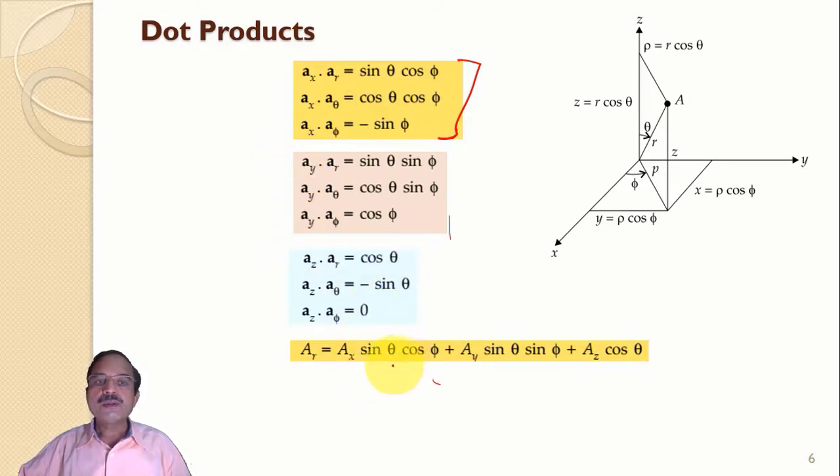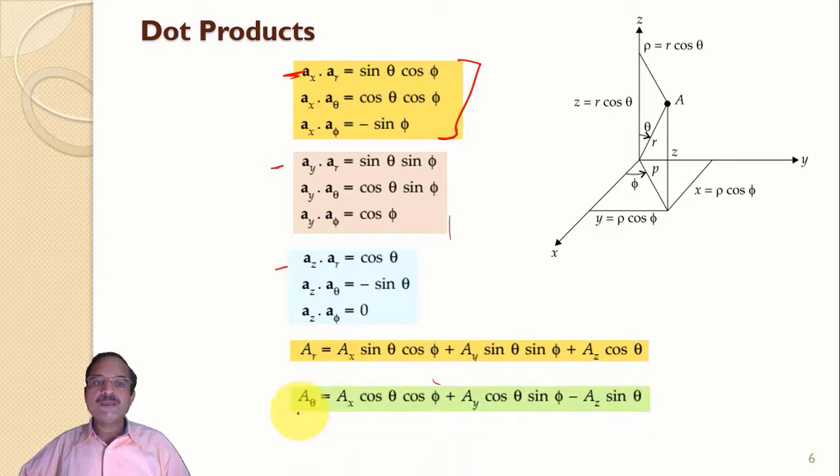These are the components of AR along X, along Y and along Z. So using this, we can find AR.